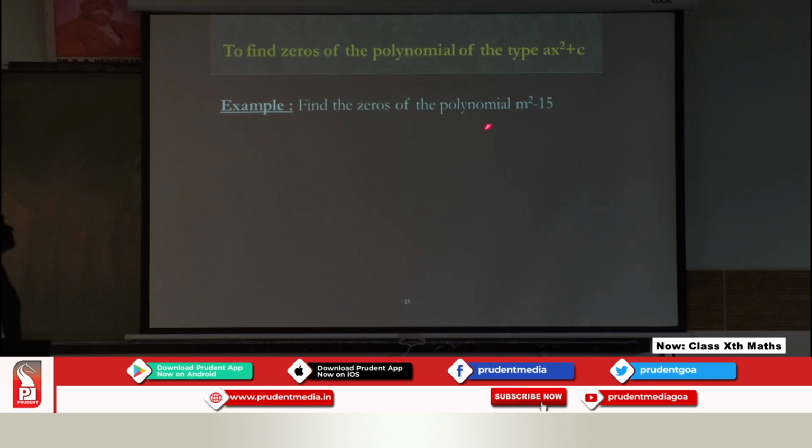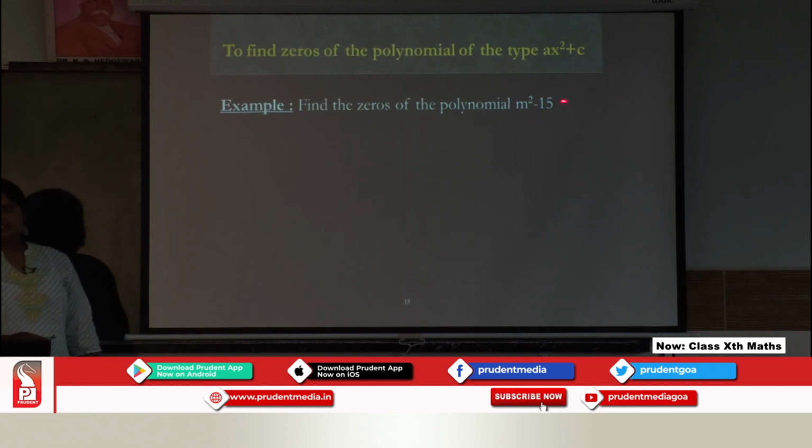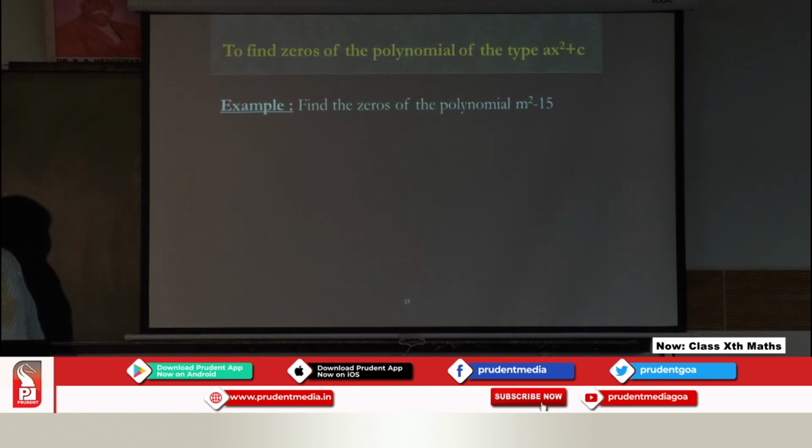Find the zeros of the polynomial m² minus 15. Now here the first term is m² and the last term is minus 15. So we are supposed to start with the same method. Let m² minus 15 be equal to 0. Shift this 15 to the other side, so it will become positive 15.